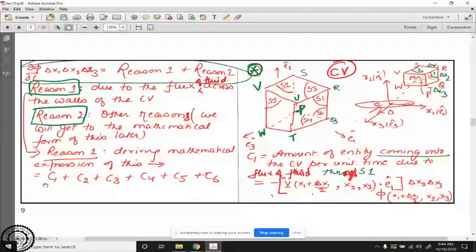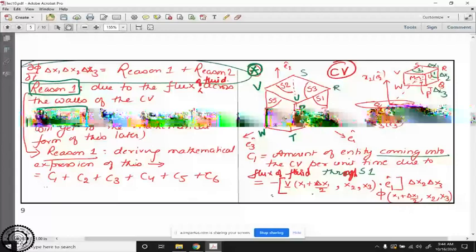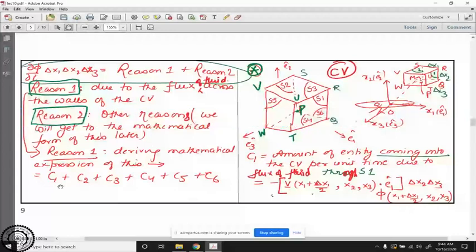Right, so those individual contributions I am writing as C1, C2, C3, C4, C5, C6. Okay, so C1 is the net incoming flux into the control volume due to surface 1.